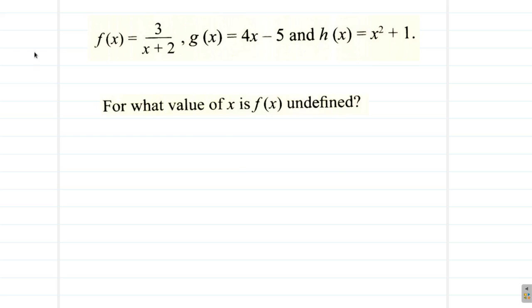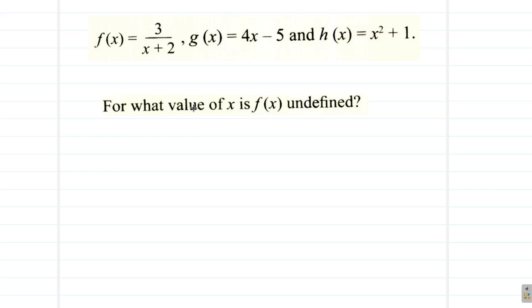In this case, what happens is that you're trying to divide by 0, which doesn't make sense. So, whenever you're trying to divide by 0, then that function is undefined.